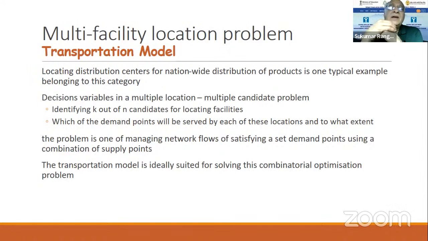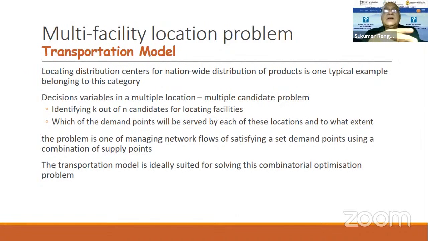Now, if they want to do that, they will determine which are all the locations based on the places from where the transportation of materials from raw material to the plant and the finished goods to the warehouses from where it is distributed becomes minimum.